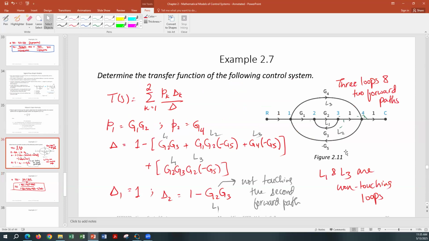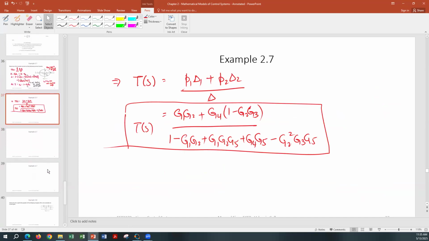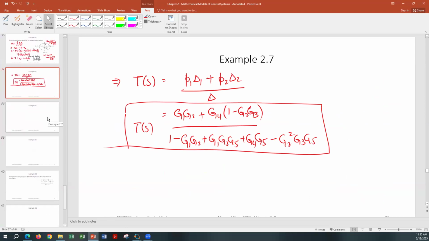If you solve it using a block diagram, it's going to take pretty long. But with the signal flow graph, it's much easier to write down the transfer function without any block diagram reduction. You just have to identify correctly the forward paths, the feedback loops, and the non-touching loops.